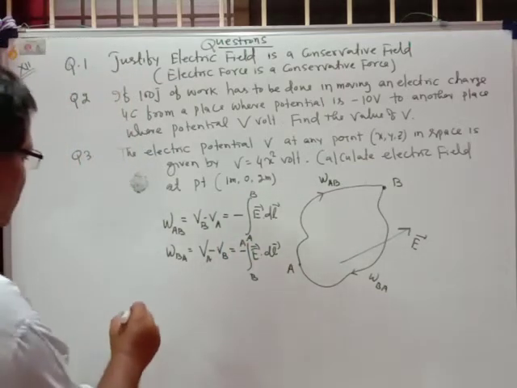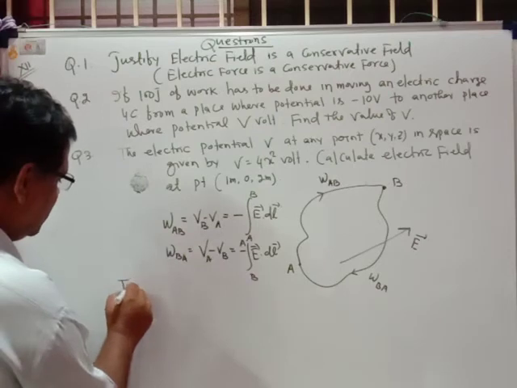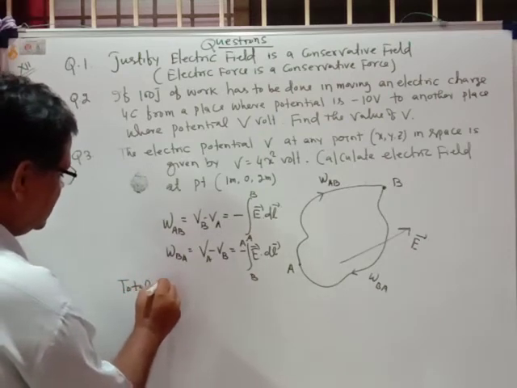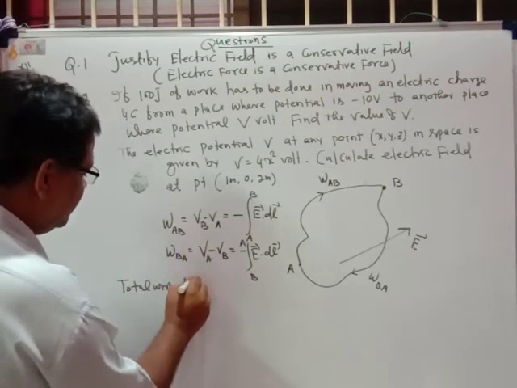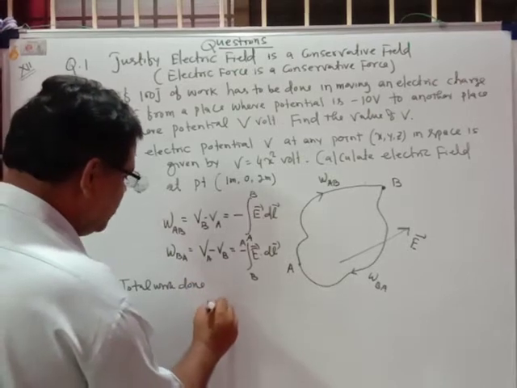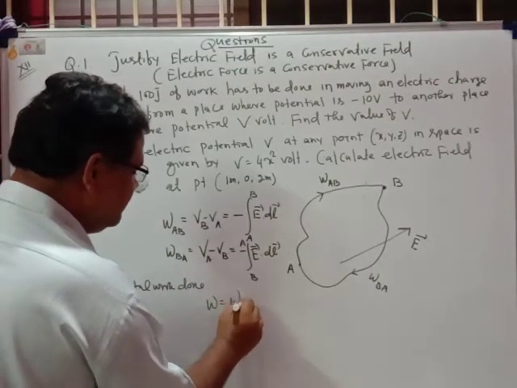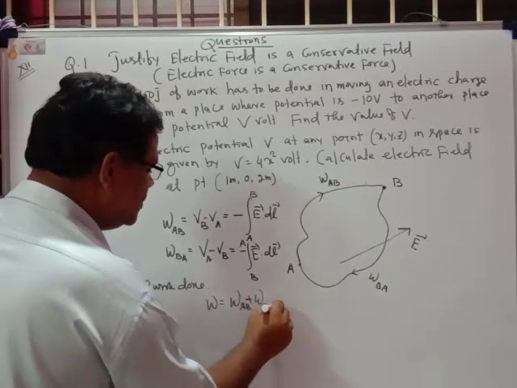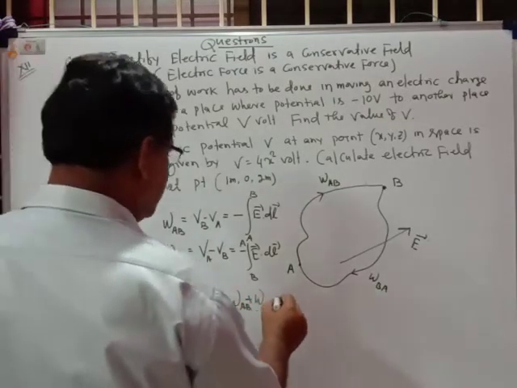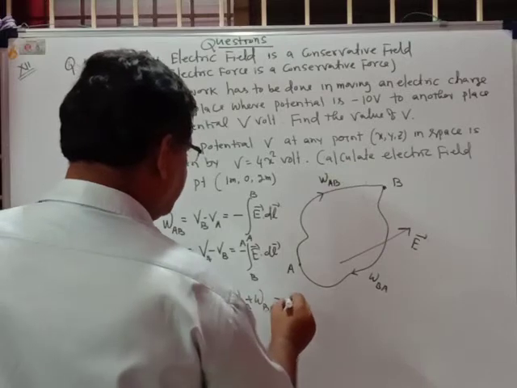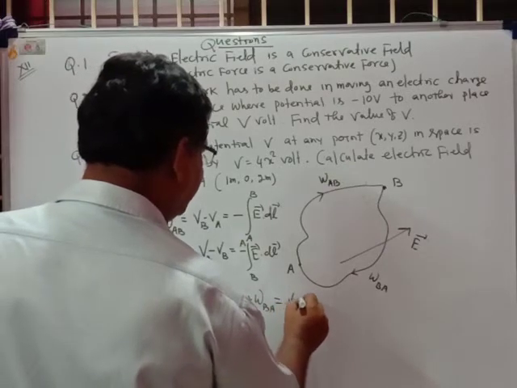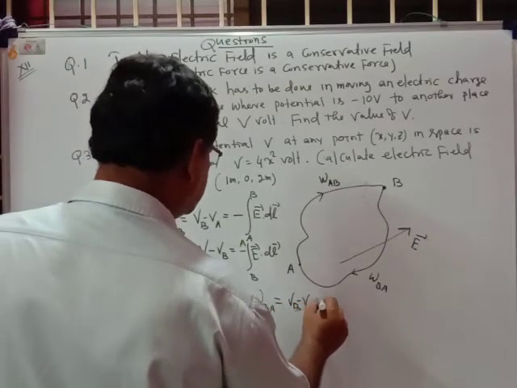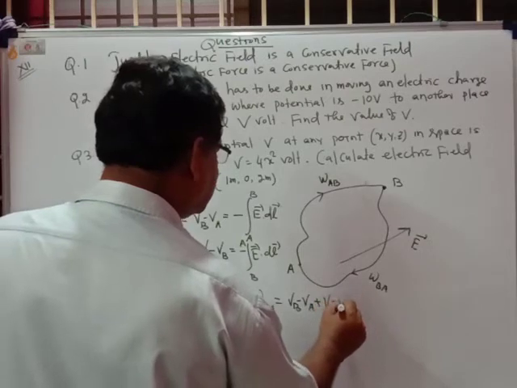So what will be the total work done? The total work done W is equal to W_AB plus W_BA. So this will be equal to VB minus VA plus VA minus VB.